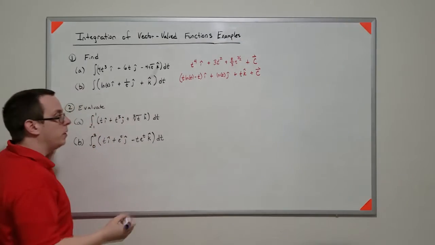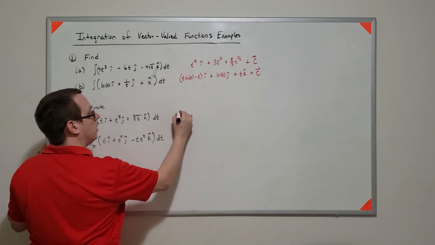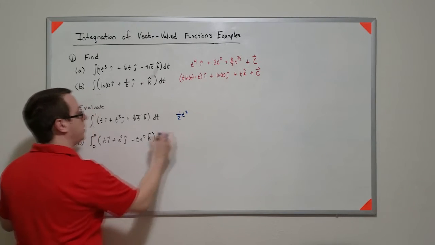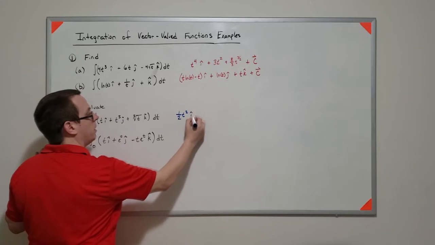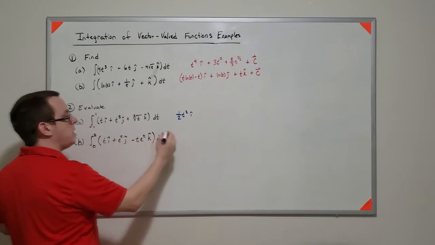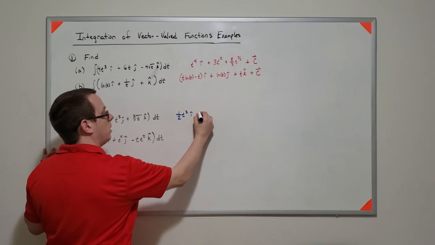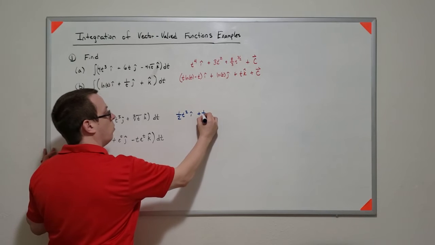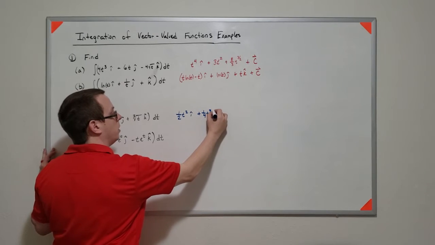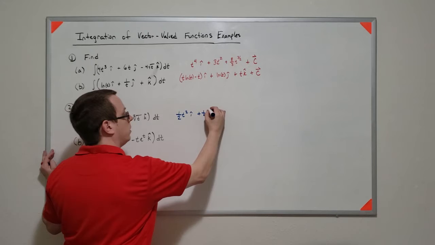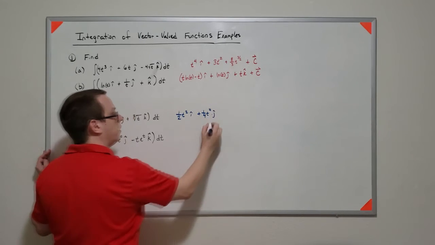So the antiderivative of t is 1/2 t squared, i. The antiderivative of t cubed is 1/4 t to the fourth, j.